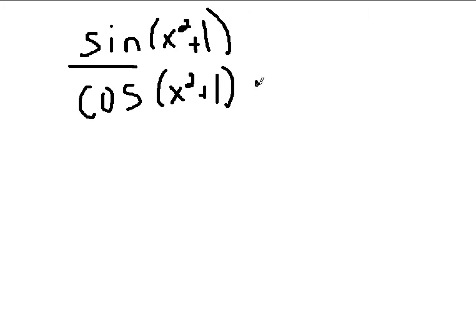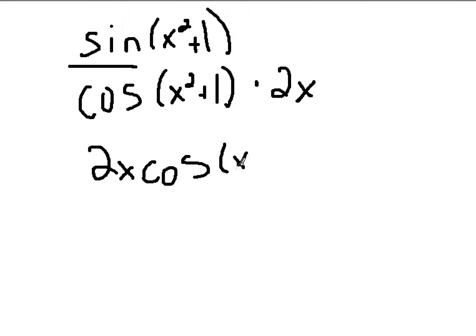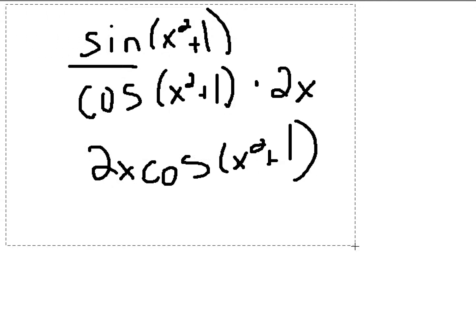Then you multiply by the derivative of the inside. So the derivative of x squared plus 1 is 2x. And just for convention, we want to write our variables in front of our trig functions. That's just the preferred thing to do. What you're going to be seeing a lot of in this section is applications of trig functions that have those nice chain rule identities pop up.